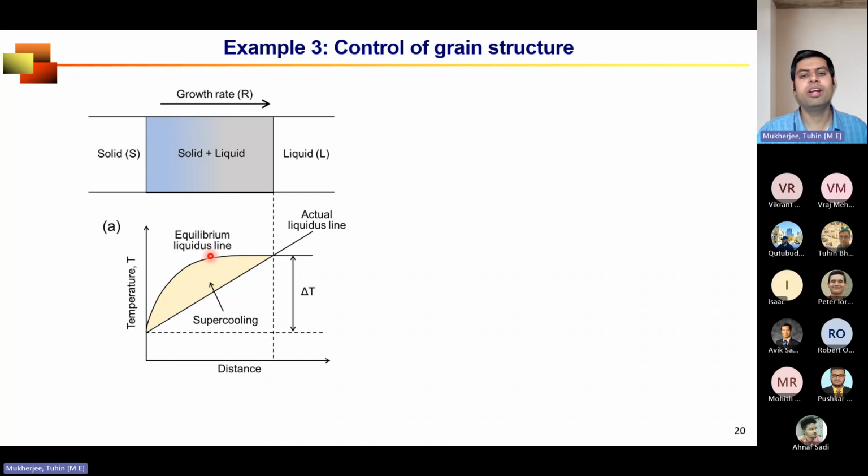So I am not going into very much detail on solidification phase transformation, but this is the understanding in a nutshell. And this temperature difference is called temperature gradient, which was the y-axis variable in the previous slide. So these are the two variables.